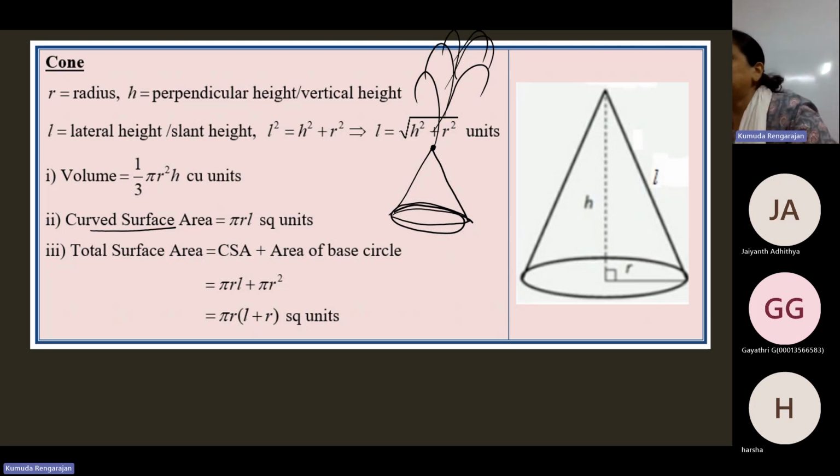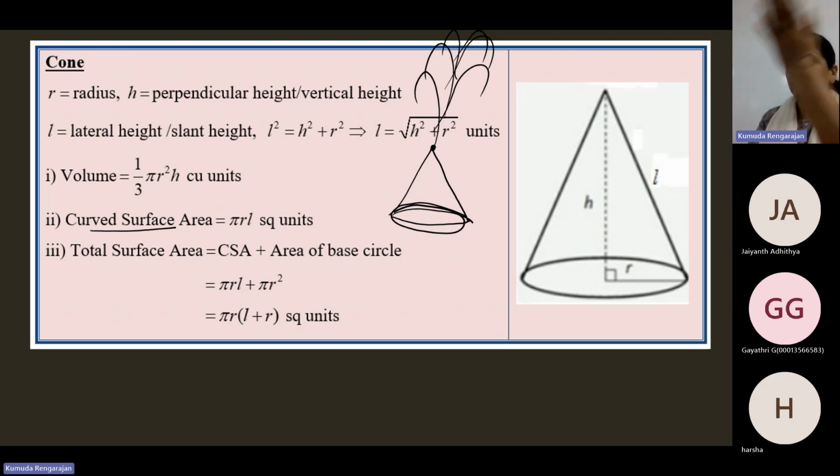But supposing you want to stick color paper along the surface of a birthday cap. There you don't have the circular base. So no paper you can stick there. There is no surface, then what will you stick? Okay, so where will you stick the color paper? Only for the curved surface area.